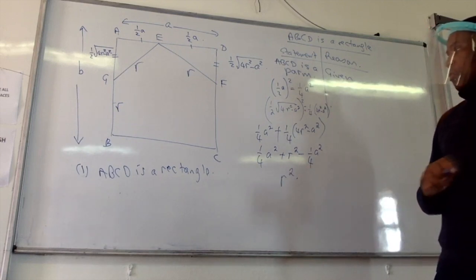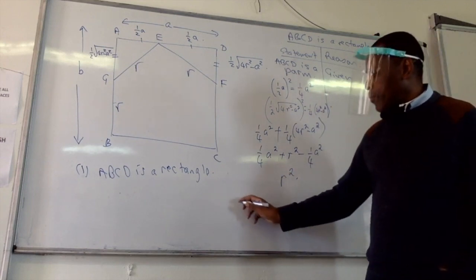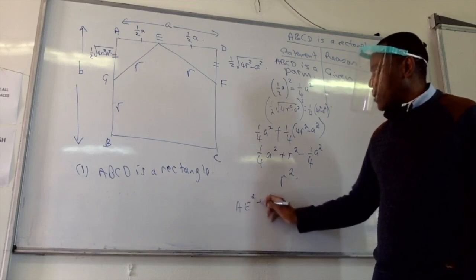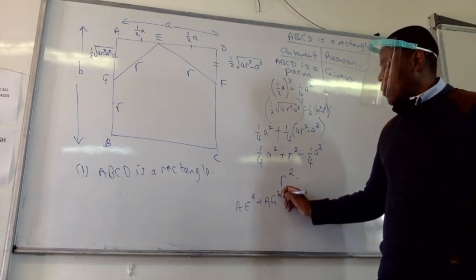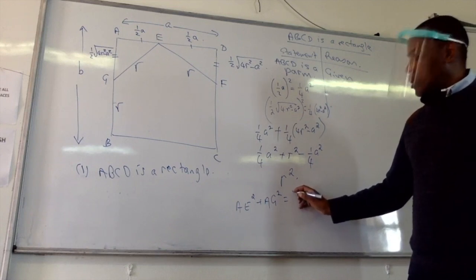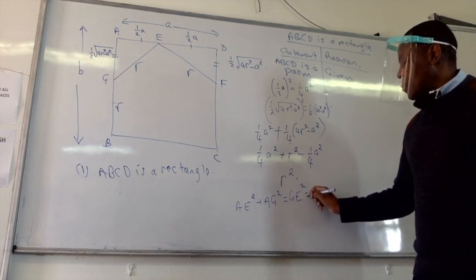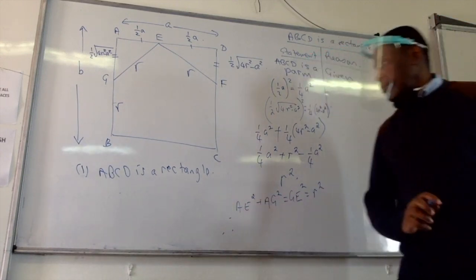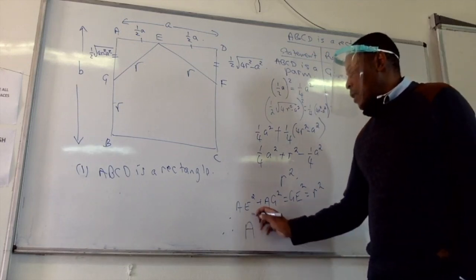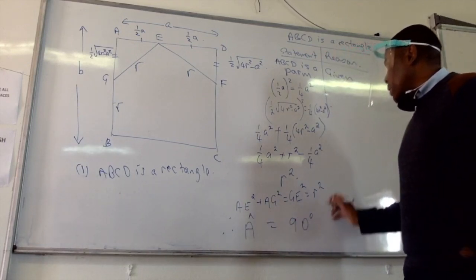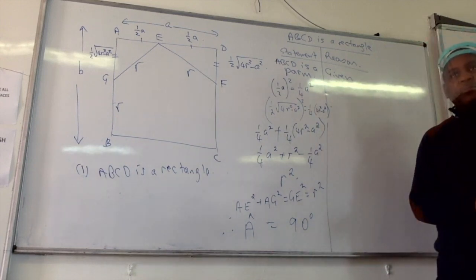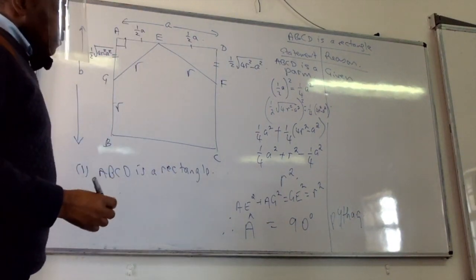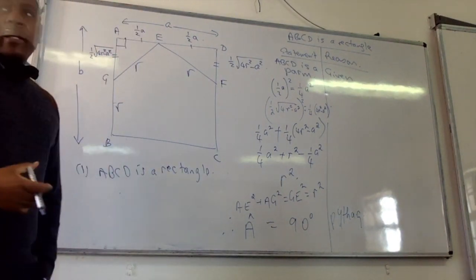So from this, do you see that AE squared plus AG squared is equal to GE squared, which is r squared. And so what can we conclude? Therefore, angle A is equal to 90 degrees. Now we need a reason for this. Why are we saying that? You can say converse of Pythagoras theorem. Because this is 90 degrees, we can say, therefore, that ABCD is a rectangle.